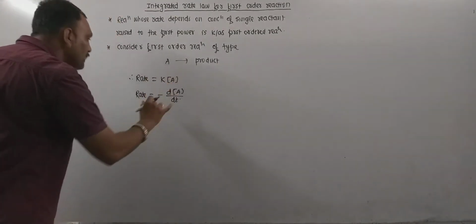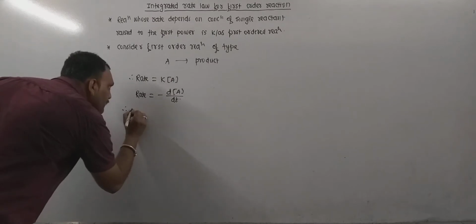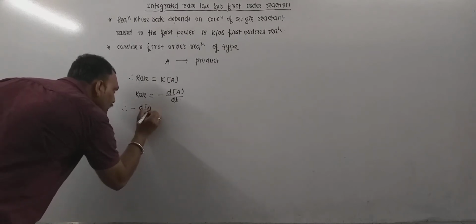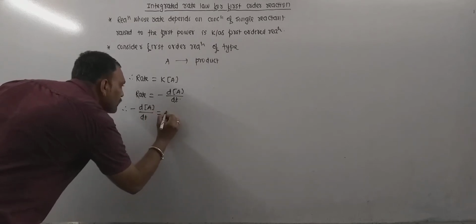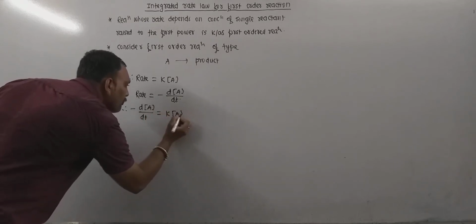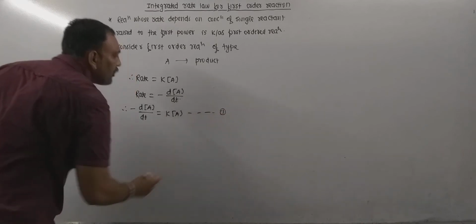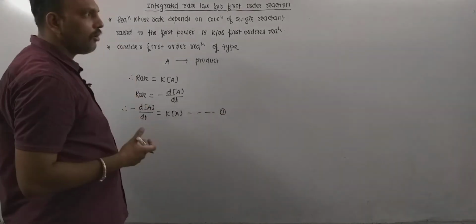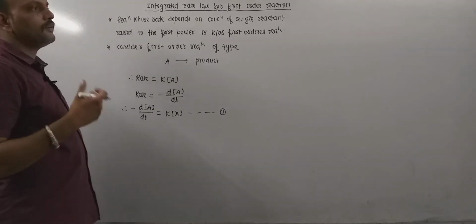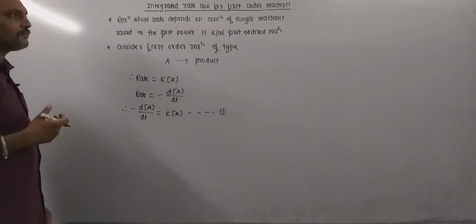So using these two, minus d[A] by dt equals k[A]. Remember this is a differential rate law.